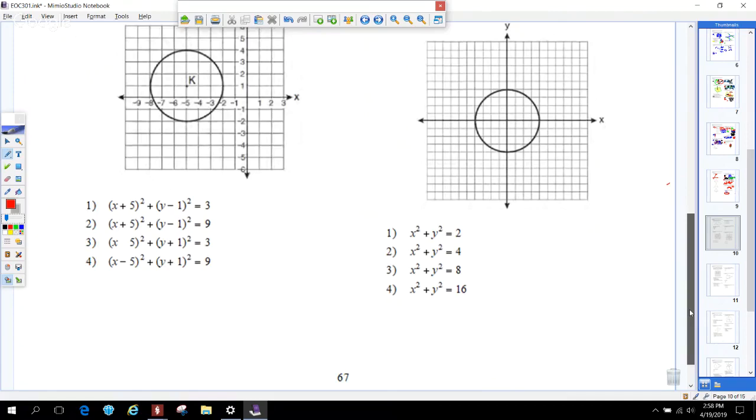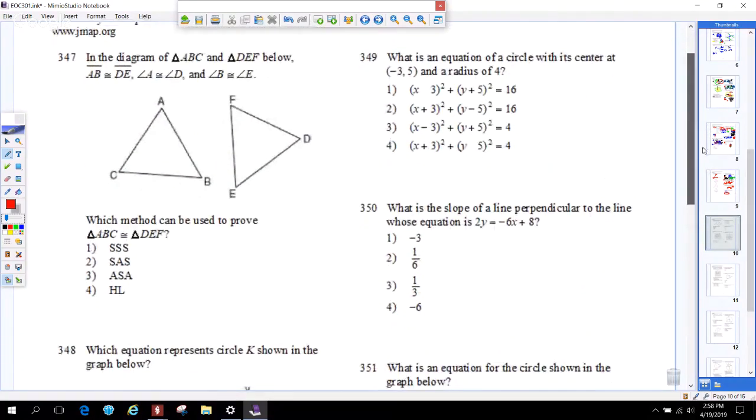Almost done. We'll finish. All right, in the diagram below, triangle ABC and triangle DEF, we know that AB matches to DE. And again, let's just write it out: ABC, DEF. This will help us make sure we match everything up.